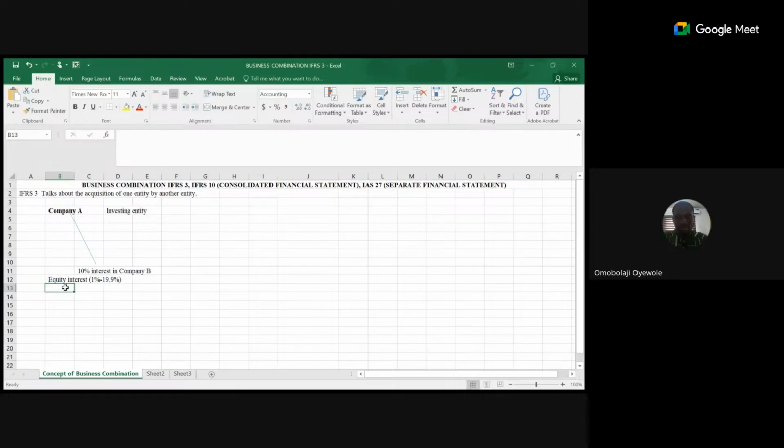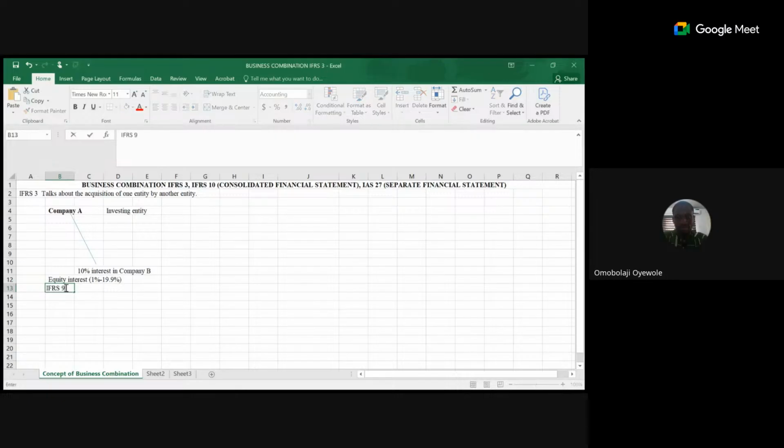When we say we are buying the interest, we are buying a percentage of the company's shares. So if a company has 100% shares and the percentage we have in that 100% is just 10%, that 10% cannot lead to a business combination. We just want somewhere to put our money in. Now, this kind of investment is guided by IFRS 9.